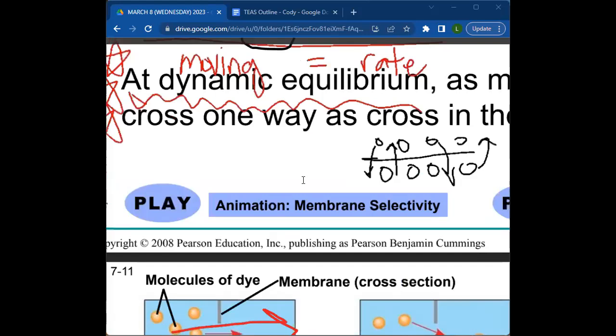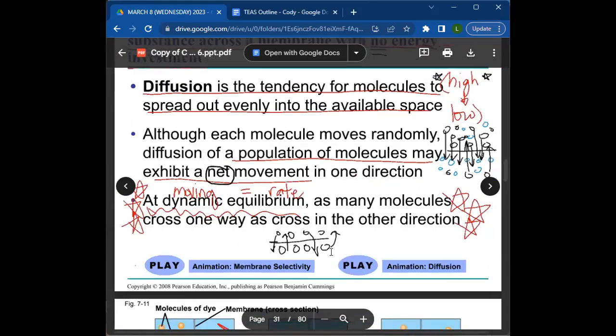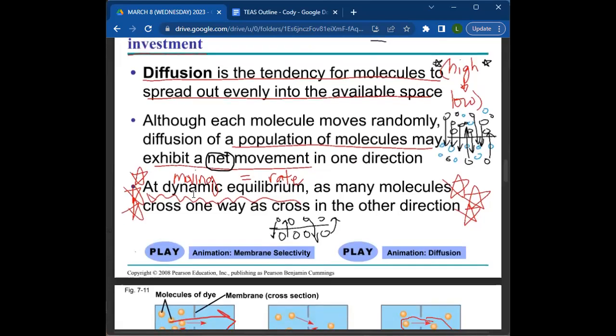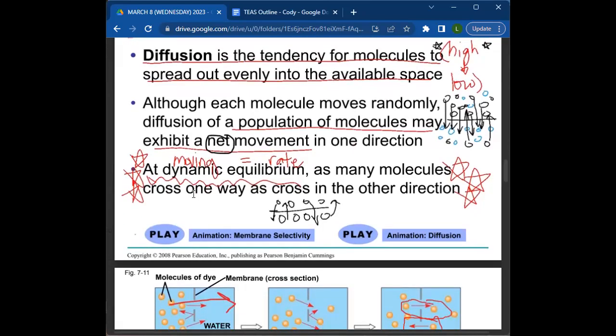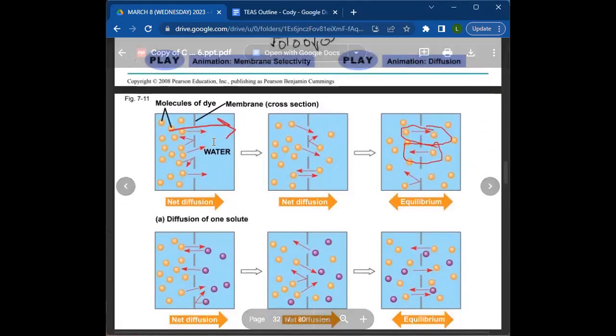And so this is what's called dynamic equilibrium. When we get to chemistry, you're going to hear that term again, dynamic equilibrium, and it means the same thing: moving back and forth at an equal rate. Yeah, molecules never stop moving. So they're just going to continue to move backward and forward.